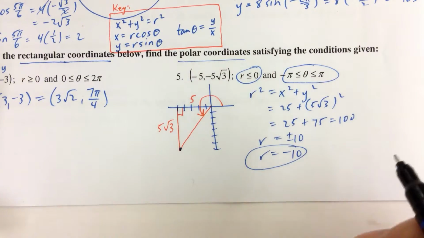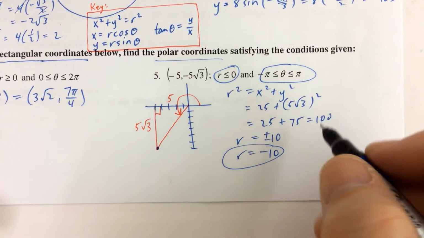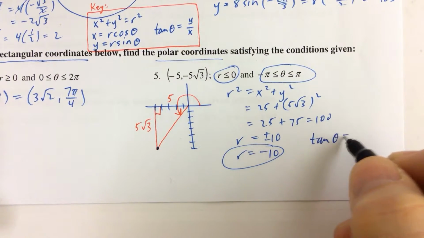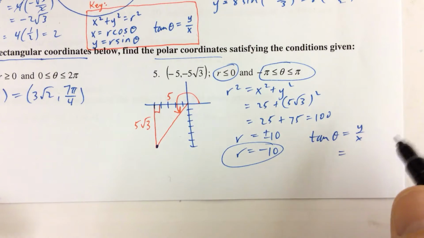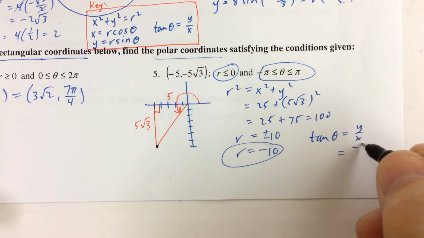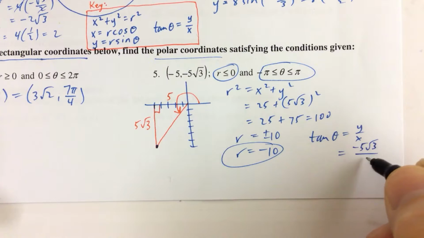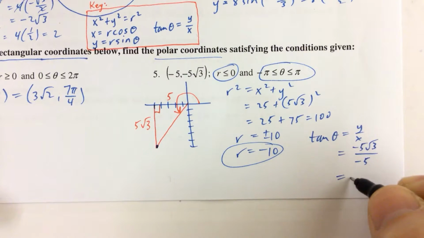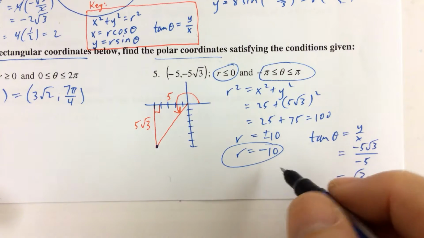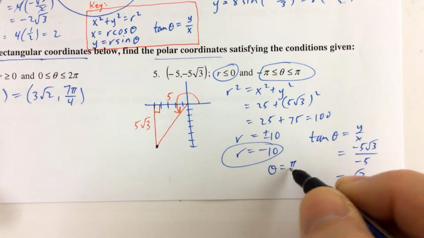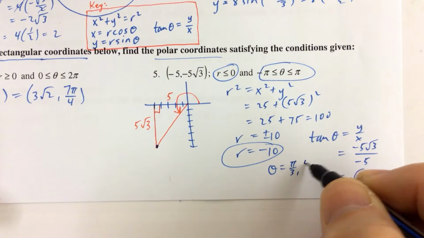Now the theta, we're going to go ahead and use the tangent of theta equals y over x as our way of finding theta. Now the y is negative 5 radical 3, and the x is negative 5, so we get the tangent of theta is radical 3. Well, we know that that happens to be when theta is either equal to pi over 3 or 4 pi over 3.